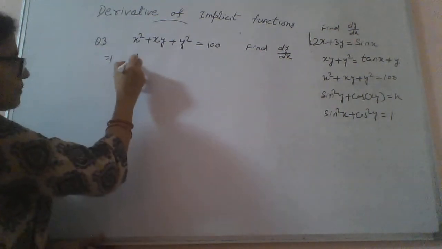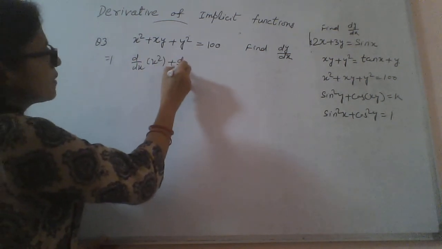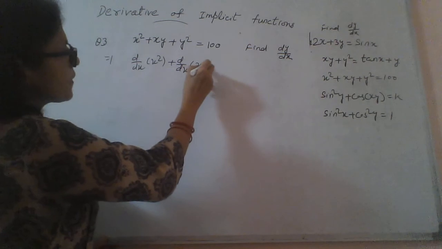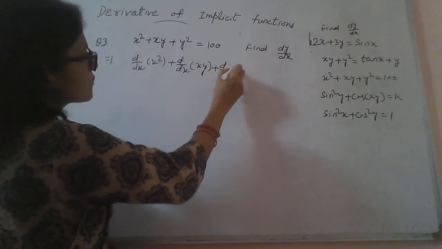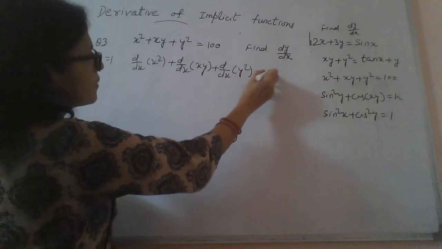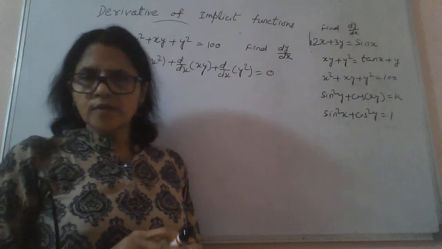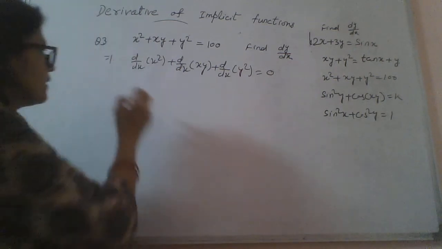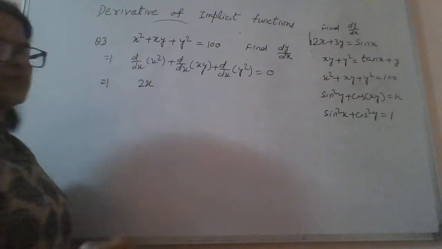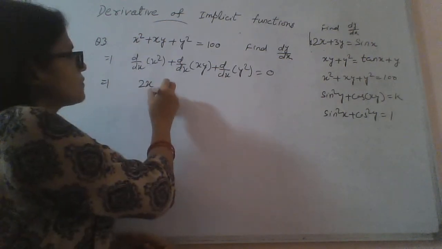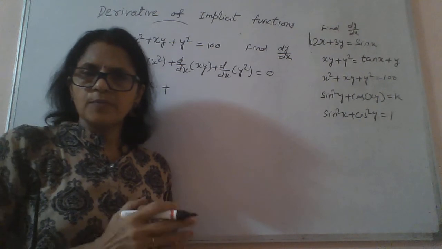So it is d by dx of x square plus d by dx of xy plus d by dx of y square equal to d by dx of 100, being constant, the derivative is 0. So this implies d by dx of x square is 2x plus d by dx of x into y. So we have just done this in the previous question.